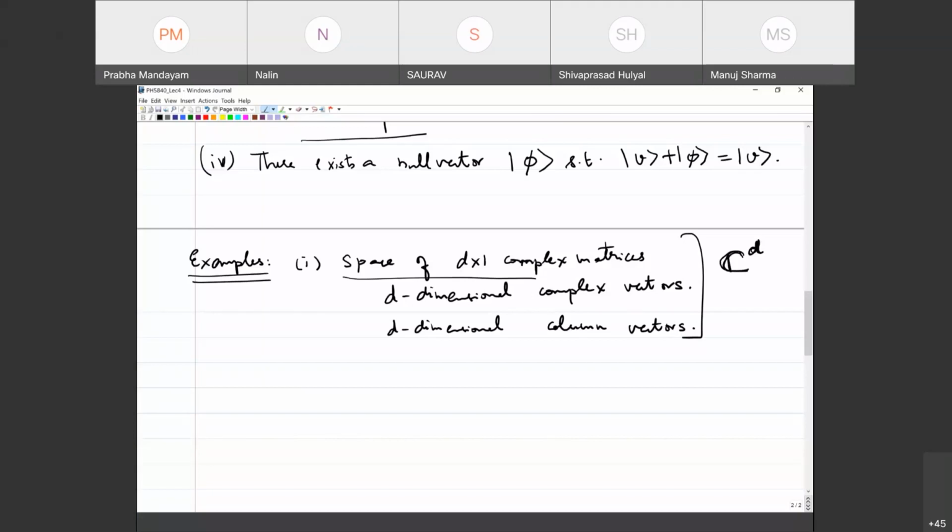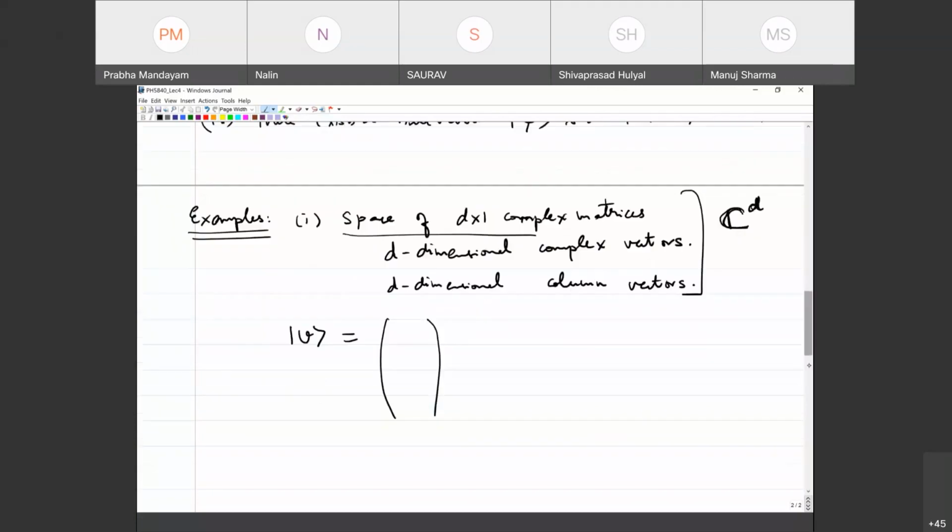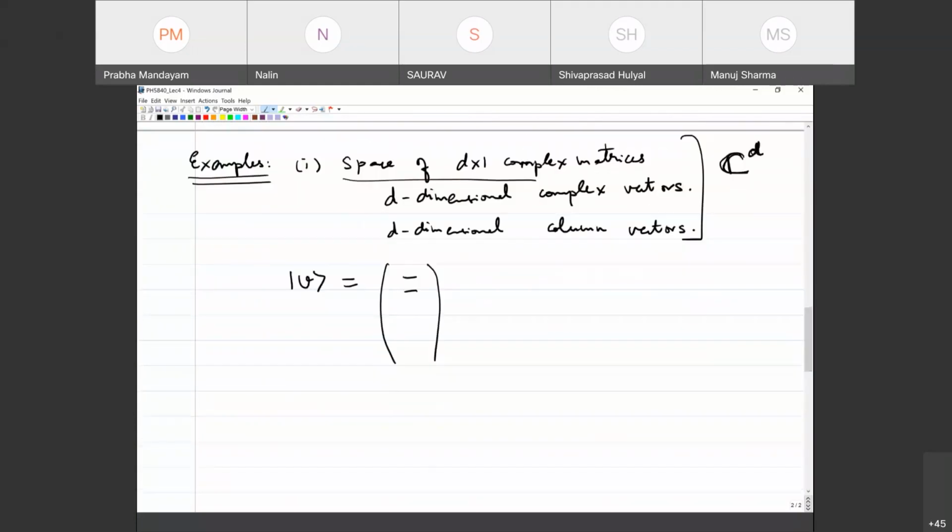So this basically means that the elements of my vector space are of this form, where there's one column and D rows, so this is called a column vector of D dimensions with complex entries, right?